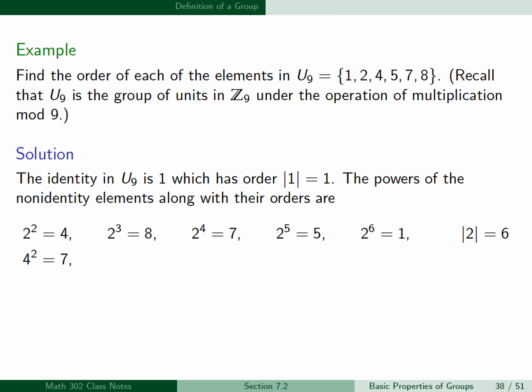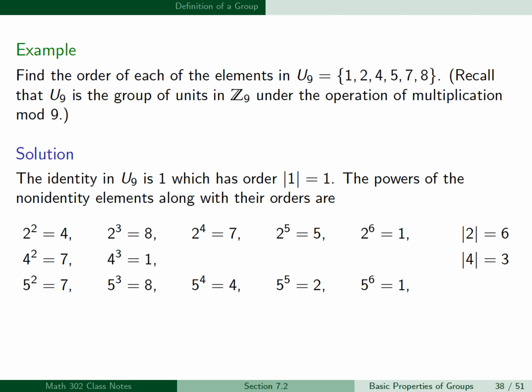For 4, we have 4 squared is 7. 4 cubed is 1. So that's the identity element. So the order of 4 is 3. 5 squared is 7. 5 cubed is 8. 5 to the 4th is 4. 5 to the 5th is 2. 5 to the 6th is 1.